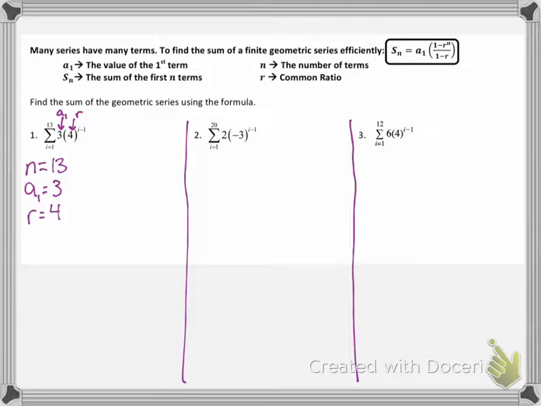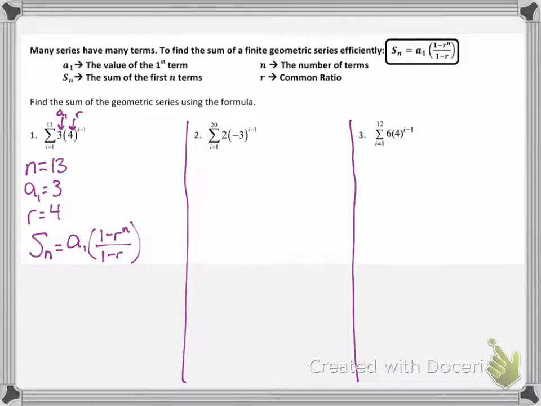You've got the three things that you need. Now let's go ahead and use our formula. Different formula this time. S sub n equals a sub 1 times 1 minus r to the n over 1 minus r. Before we start plugging in numbers, I suggest you plug them in and see what you come up with.